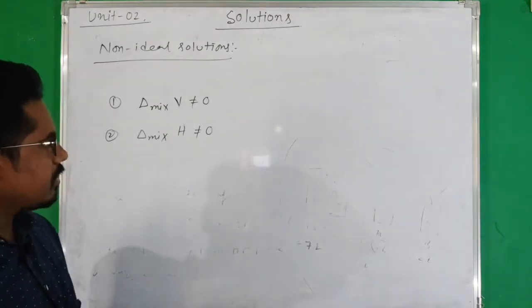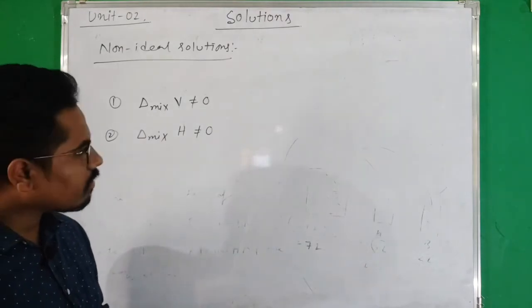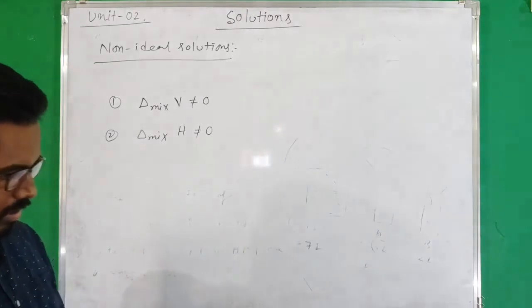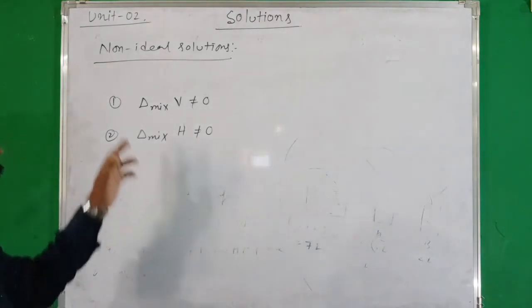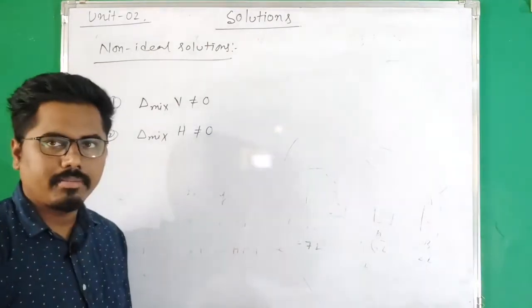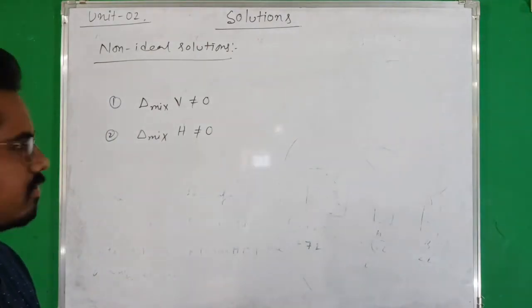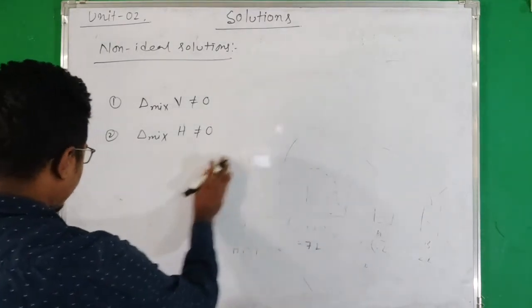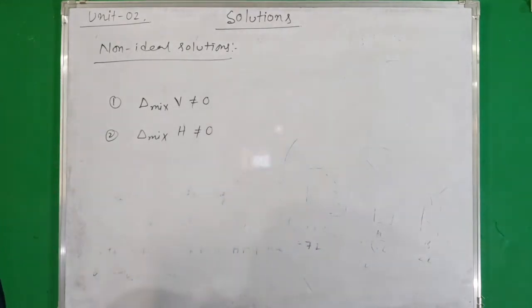Okay, that means the process may be either exothermic or endothermic. So in case of non-ideal solutions, the volume of mixing is not equal to 0 and the enthalpy of mixing is not equal to 0.